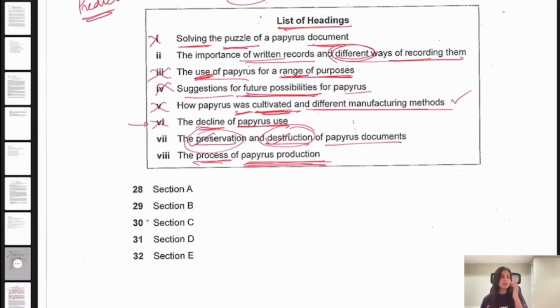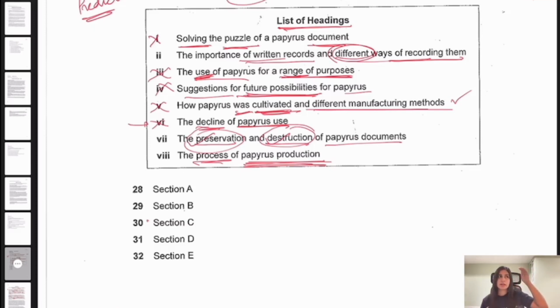In the first paragraph of any passage, whatever topic it is, they'll talk about the introduction of that thing, how it was grown, and some background. In the second one, they'll probably give you the advantages or the usage. Then in the third one, they'll give you the disadvantages. Then in the fourth or the fifth paragraph, they'll tell you about the decline or the problems associated with it, something like that.